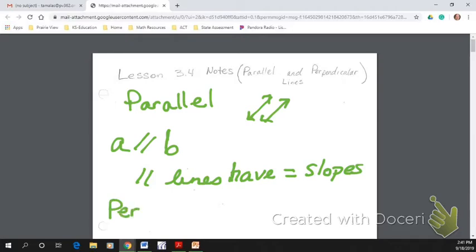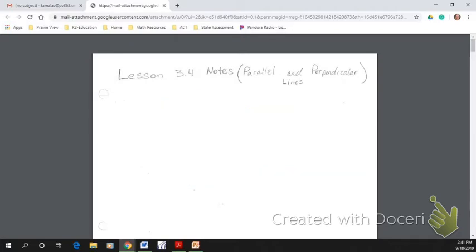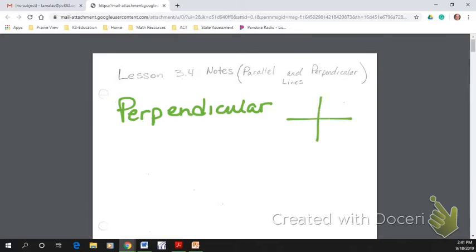Let's see, it looks like I need some more space. Perpendicular. When two lines are perpendicular, that means they cross at a perfect right angle, right? And the symbol for that looks like this.